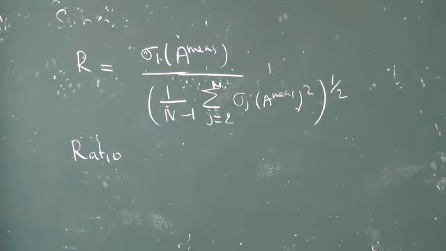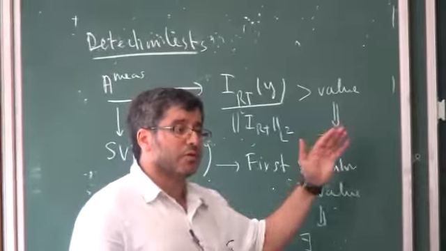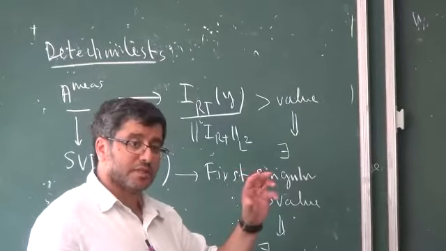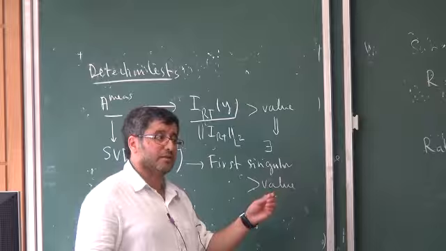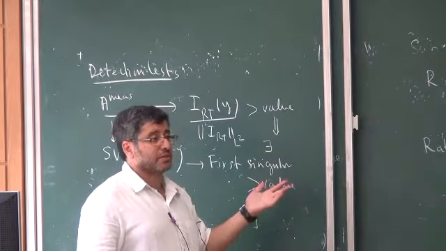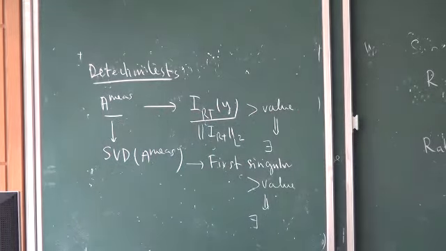Looking at the first singular value alone would not be enough. What would work is to look at the ratio between the first singular value and the L2 norm of all the others. If this ratio exceeds some value, then we can detect that there is something. If not, then not. It's tricky, because it should be based on some statistical distribution of the singular values, to distinguish whether they come from noise or from the reflectors. And this one has very nice properties.